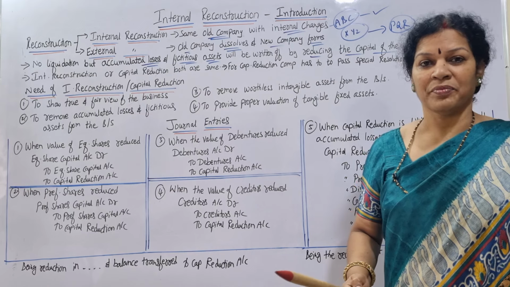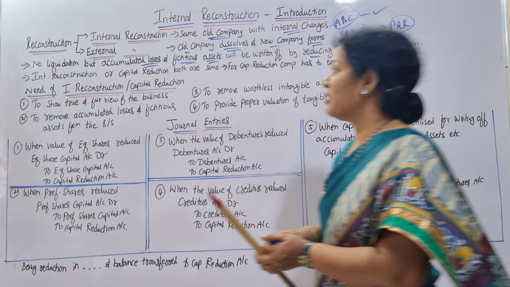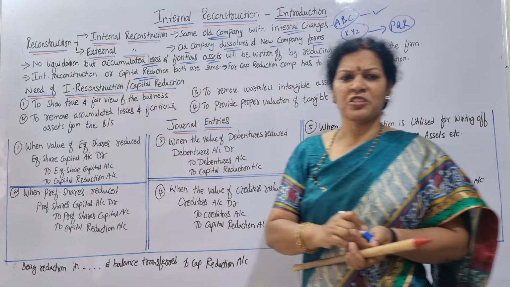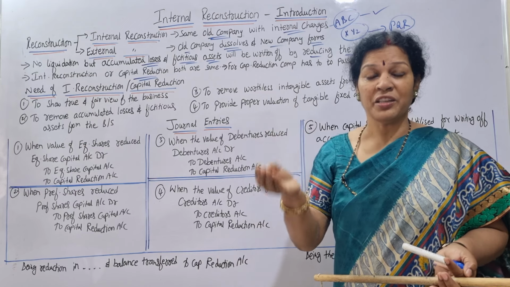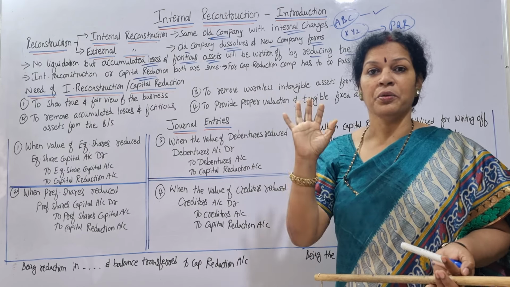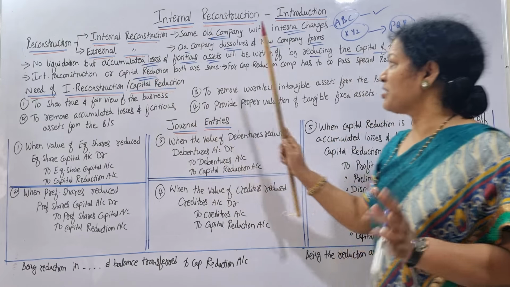Both are same. Rather than using internal reconstruction, we can use the word capital reduction, which is nothing but internal reconstruction, means we are reducing the capital. Capital means liability. That capital or liability we just want to decrease, reducing it. So that is why both are same.